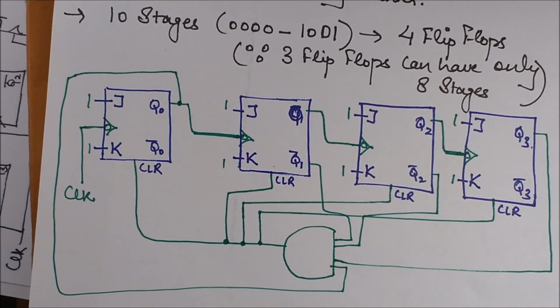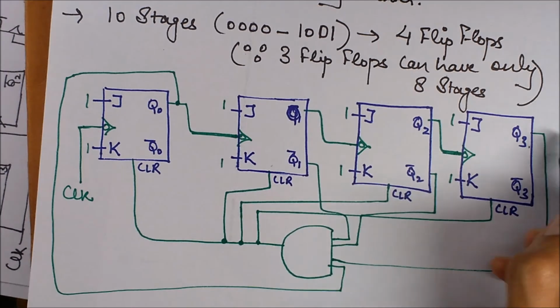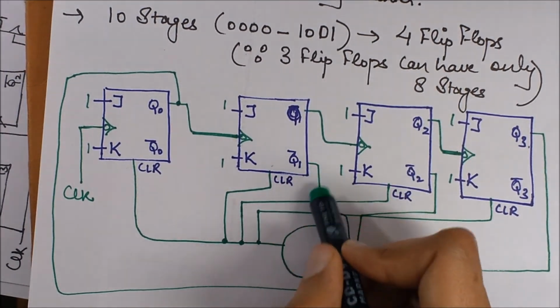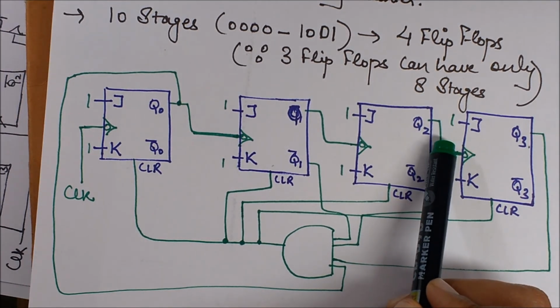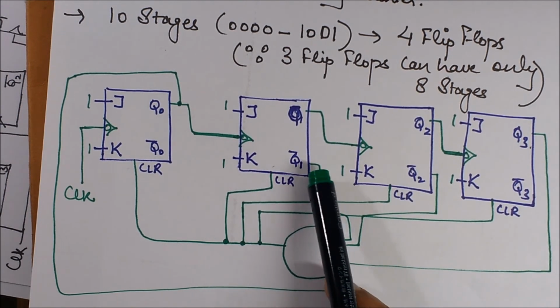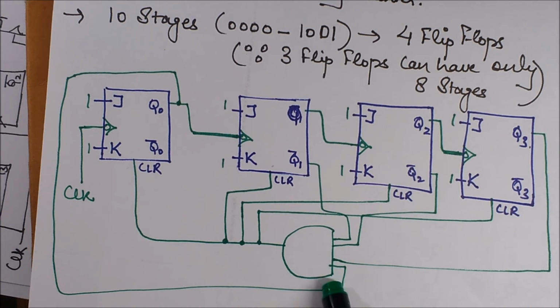So I'm just repeating it once again. The last bit and the first bit's outputs are taken, and the 2nd and 3rd bits' NOTs are taken, because the 2nd and 3rd bits were 0 and we are taking the 1. So we will get ones only if we take the NOTs, right? And the entire thing then becomes 1.